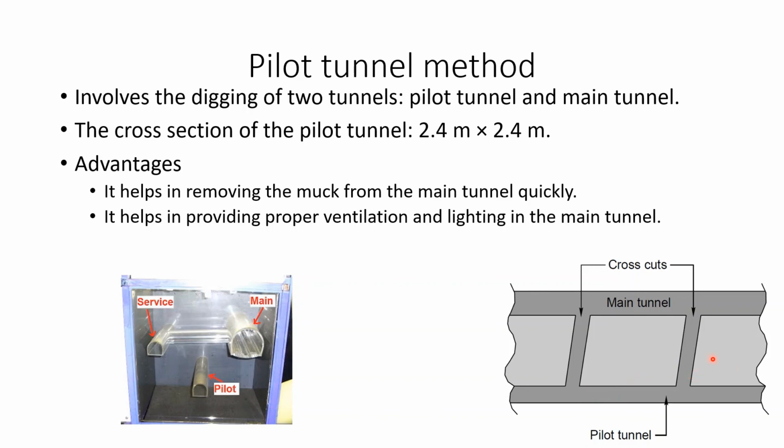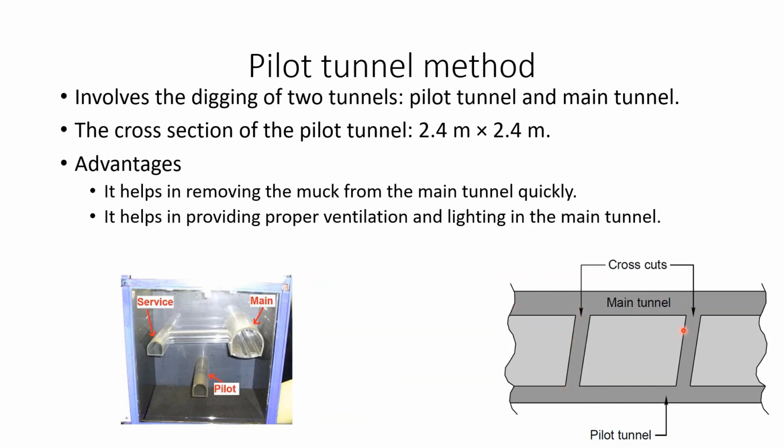The main tunnel is excavated from a number of points, and the pilot tunnel offers the following advantages. It helps in removing the mud from the main tunnel. So the blasted material from the main tunnel can be removed through this pilot tunnel. And again, this pilot tunnel can be used as the phase of operation for the main tunnel.